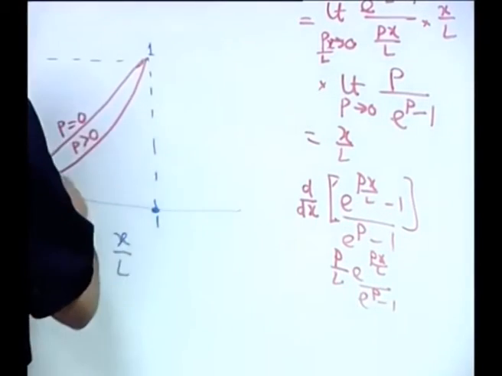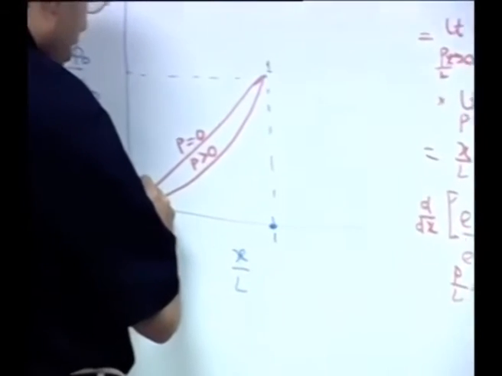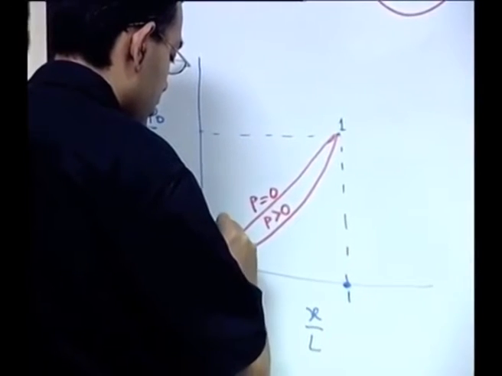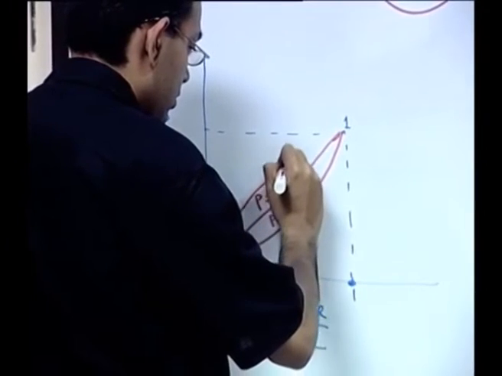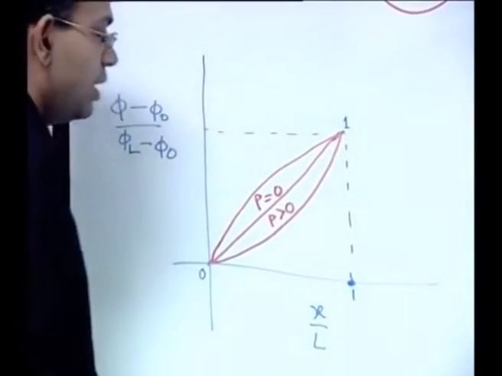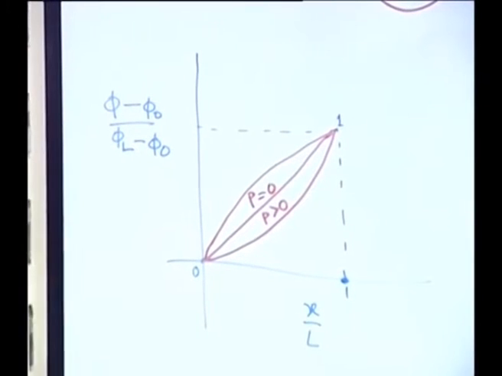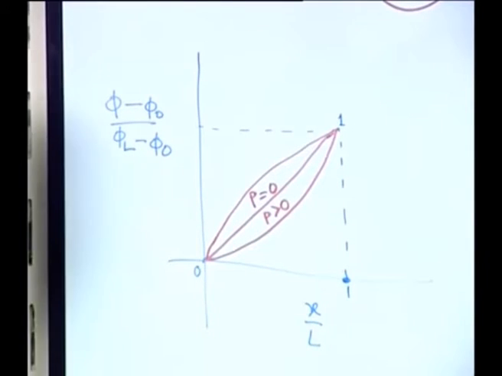So, in essence the slope will just be reversed, and it may be something like this. The rate of change will be reversed, so to say.